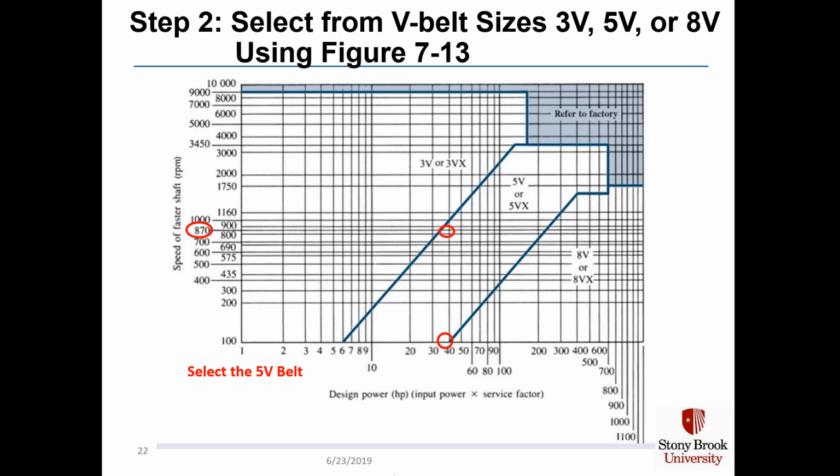Where the x and y coordinates meet is within the region defined by the use of a 5V belt. If you were in the region for a 3V or an 8V belt, as shown in the graph, then that's the one you would use.